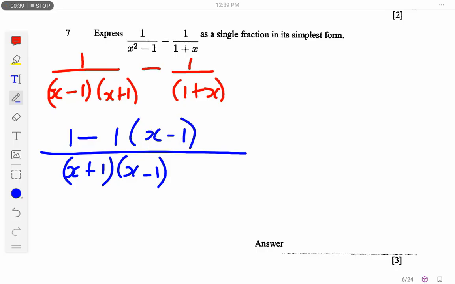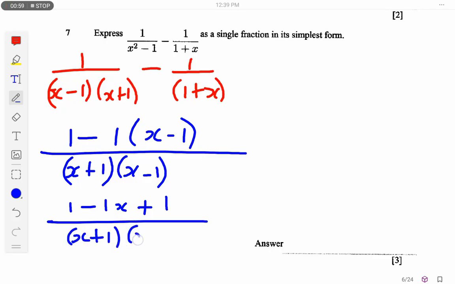Simplifying now, let's remove the brackets. Removing the brackets, I'm going to get 1 minus 1x minus, now it's a plus 1, all over (x plus 1)(x minus 1), like that. Here I've got a 1 and a 1, so these are going to give me a 2.